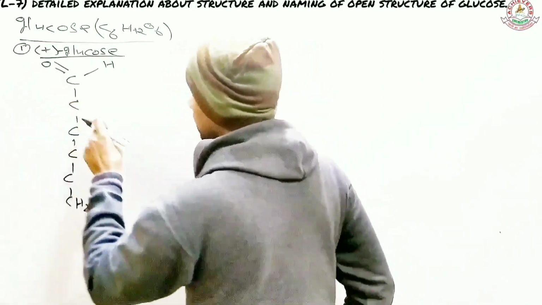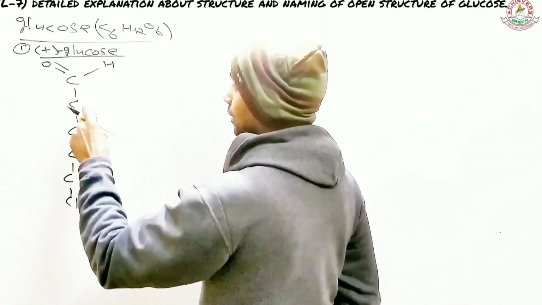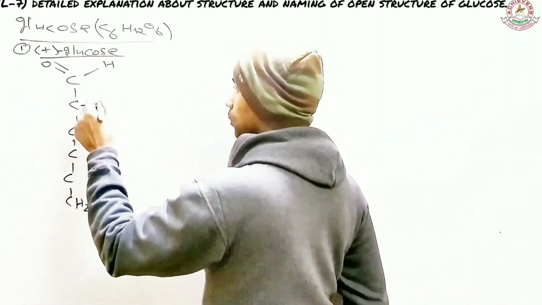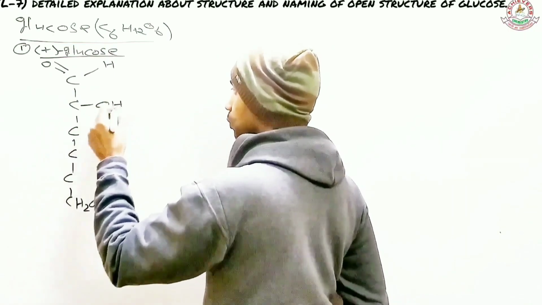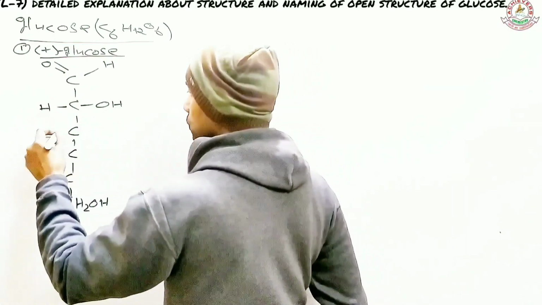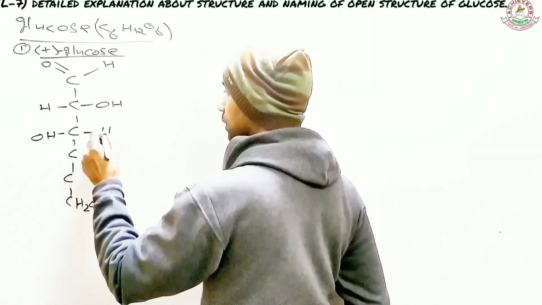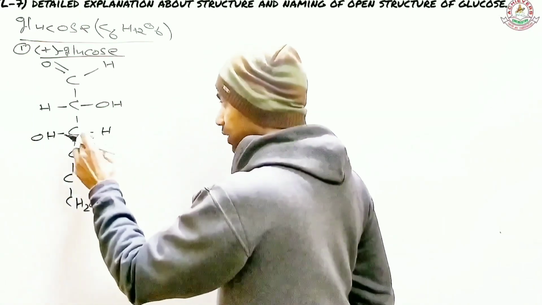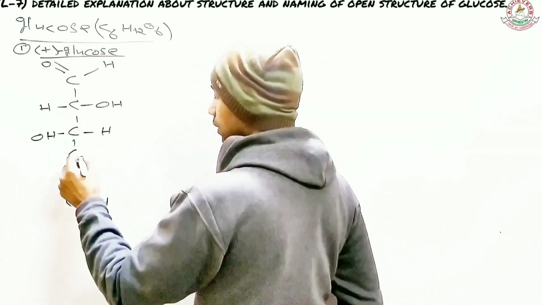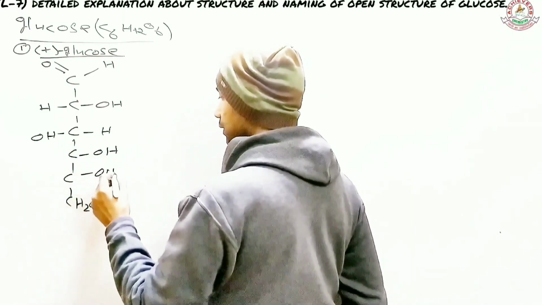Because it is dextrorotatory, you need to concentrate on the second carbon after the aldehyde carbon: you have the OH group on the right side, which means hydrogen is on the left side. On the next carbon you have OH on the left side, while hydrogen is on the right side. But on the remaining carbons, the fourth and fifth, you have your hydroxyl on the right hand side. So this is the structure.